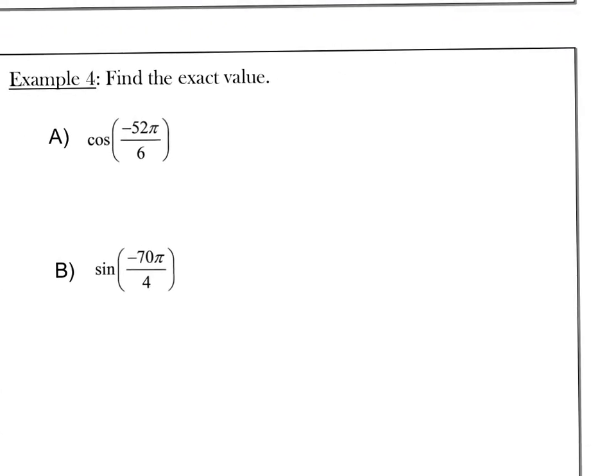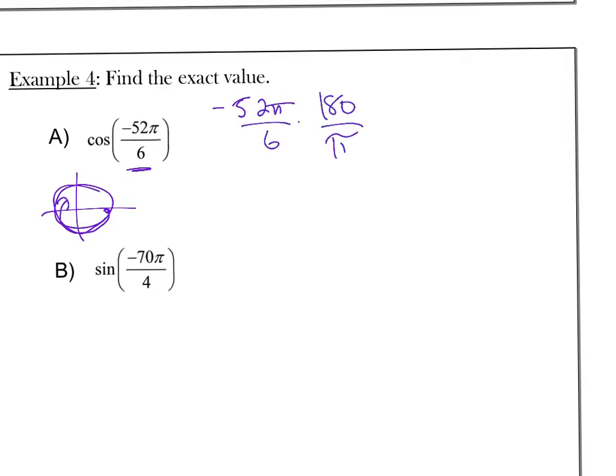So now if I look at this, negative 52 pi. Remember, negative means I'm starting here and going this way. So here I'm going this way around the circle. So I want to multiply. When I do that, I end up with negative 1,560.